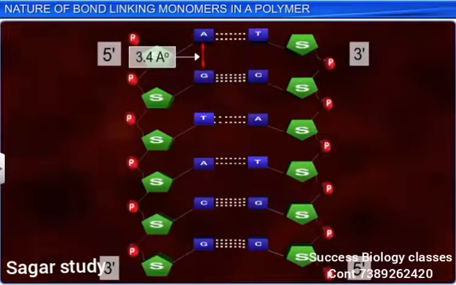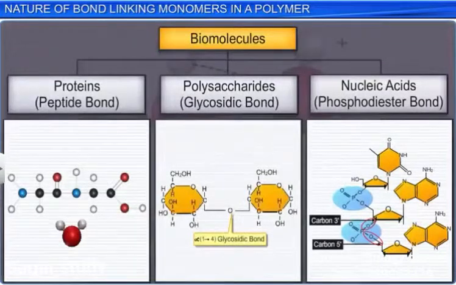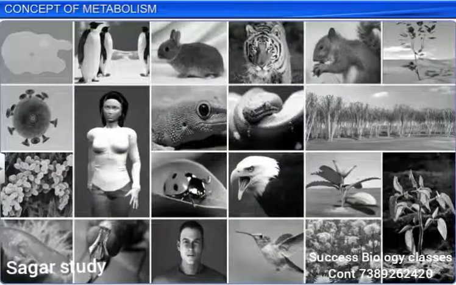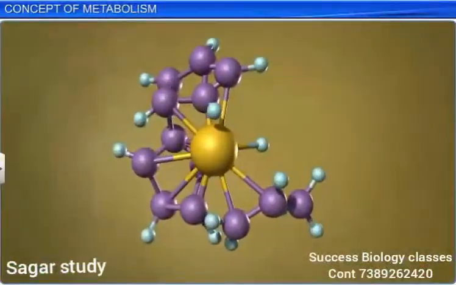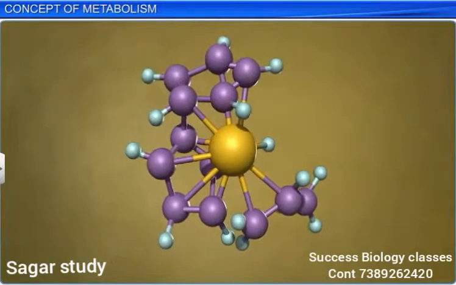The different types of bonds we have studied are crucial as they provide structure and stability to biomolecules and make them functional. All living organisms, whether plants, animals, or microorganisms, contain innumerable organic compounds or biomolecules in a certain concentration.